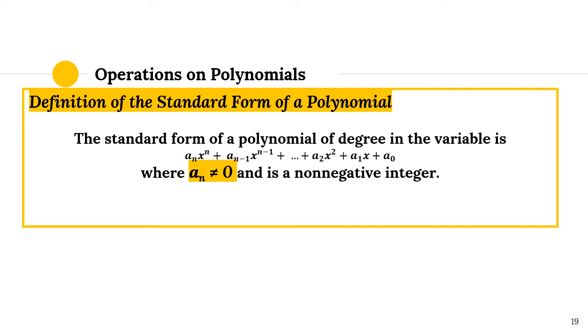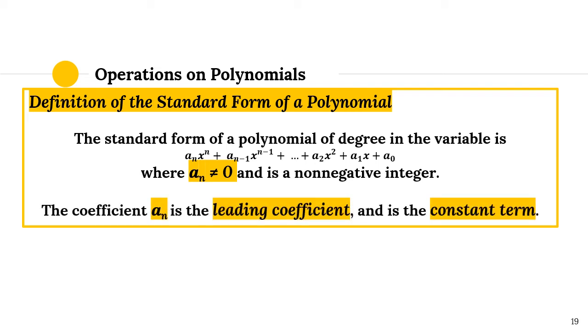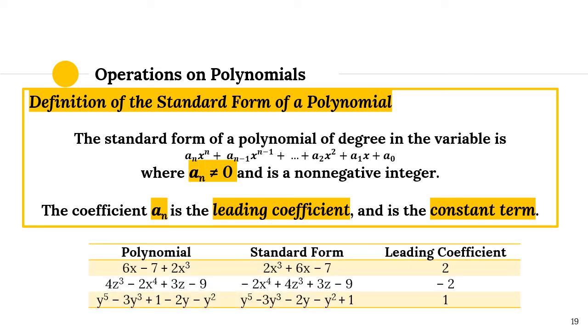All of the signs in the succeeding terms will be changed to its opposite. A positive becomes negative, and negative becomes positive. We're going to explore this later on. The first coefficient in a standard form, a sub n, we call the leading coefficient, and the last is the constant term.